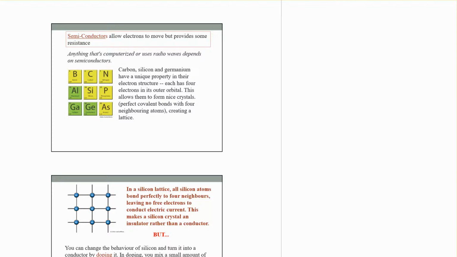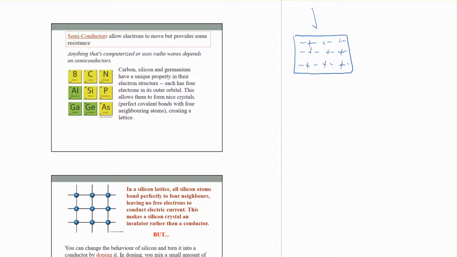It'll help to talk about semiconductors, but first, insulators. Let's say we have a material that is an insulator, and it has a bunch of electrons and a bunch of protons, evenly spread out.